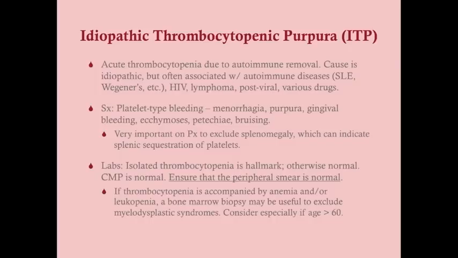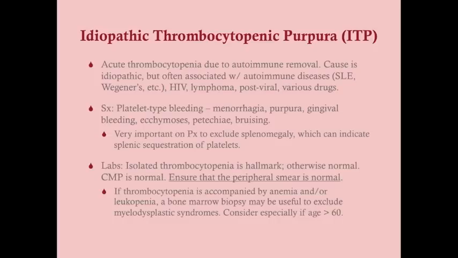You have low platelets. And ITP is a specific kind of thrombocytopenia that is idiopathic, but it's associated with certain things. So it can be associated with autoimmune diseases, it can be associated with HIV, lymphoma, post-viral infection, and various drugs. But it is an idiopathic thrombocytopenic purpura.